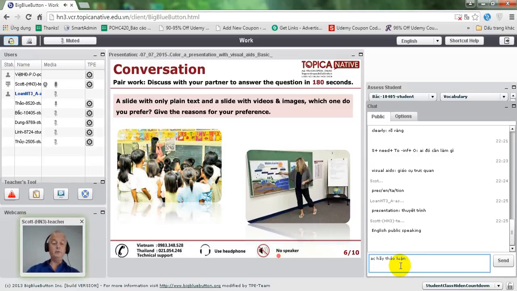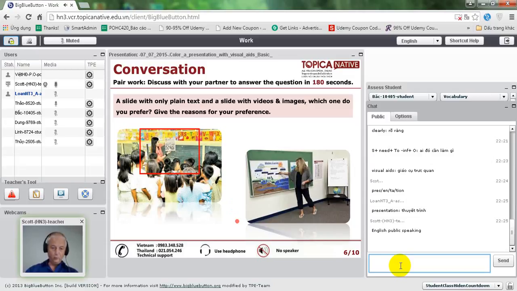You're going to have a slide with only plain text and a slide with videos and images. Which one do you prefer? Give the reasons for your preference. Okay, so look at the two pictures. Before you start, I want you to look at the two pictures, and you can see the teacher right here. She's using a picture in her presentation to the class.